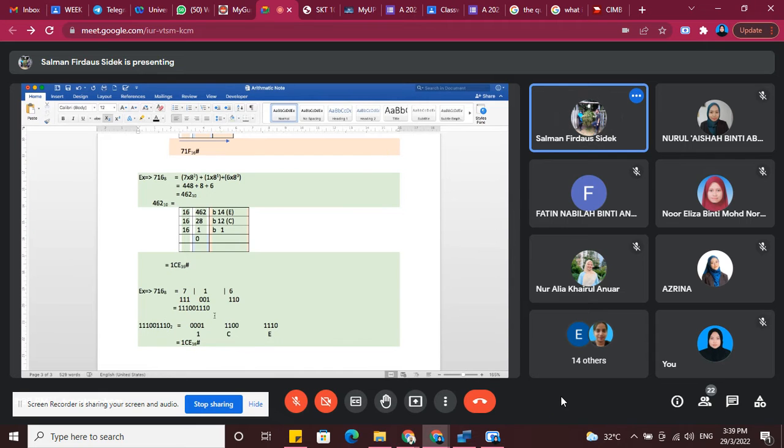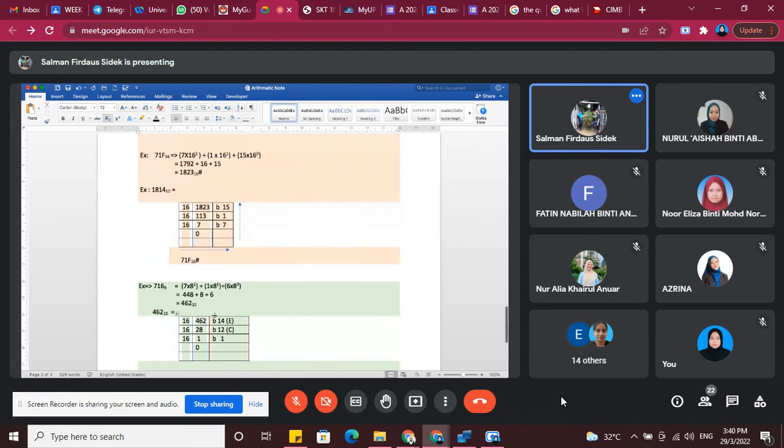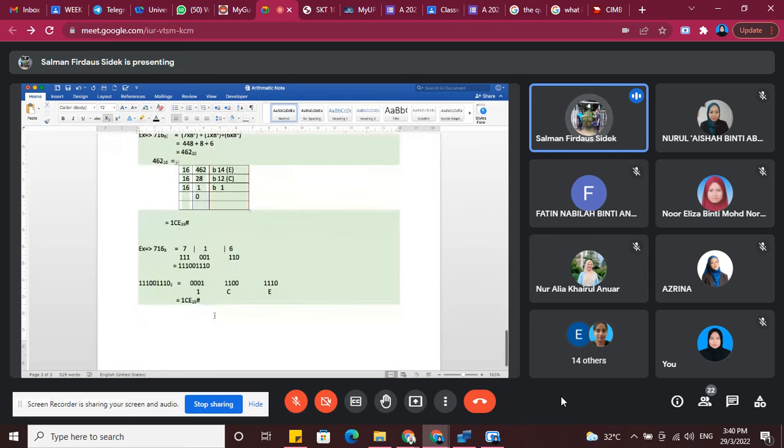Macam ni tadilah. Boleh juga. It's a lot of technique lah. Maksudnya at least ada two techniques lah. Two techniques to change from one system to another. Dia takkan ada 15 cara, dia just ke depan, forward, backward. Macam tu je. Okay.